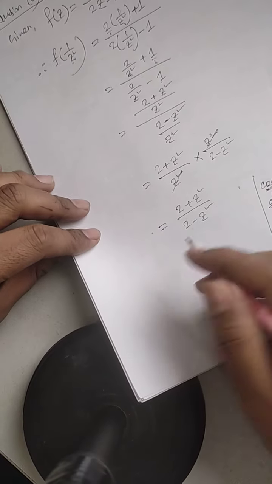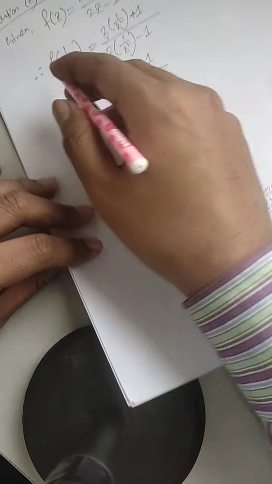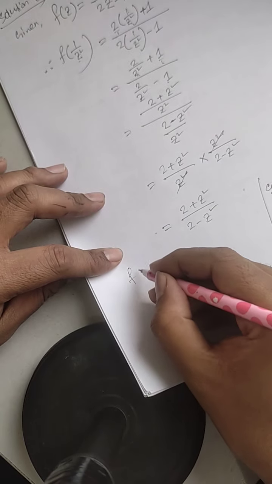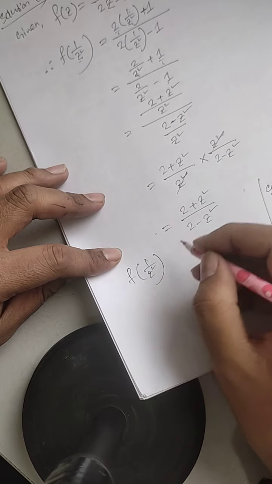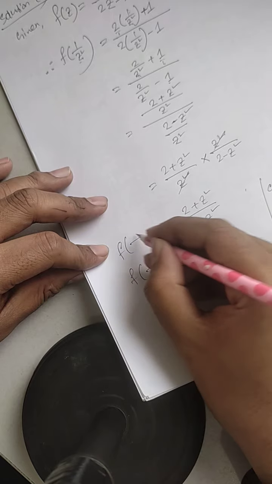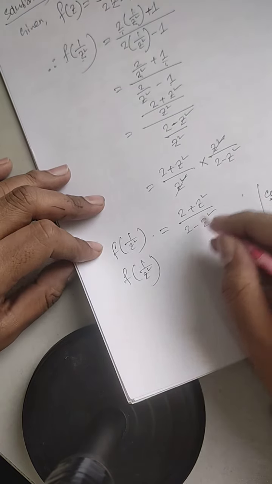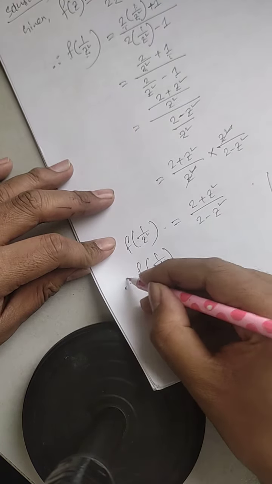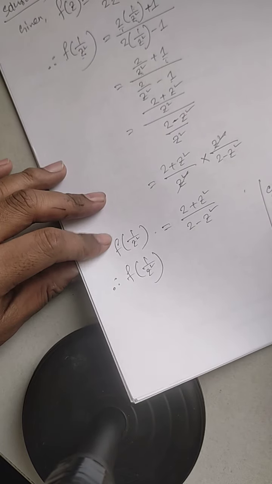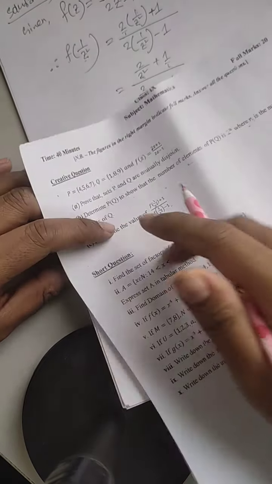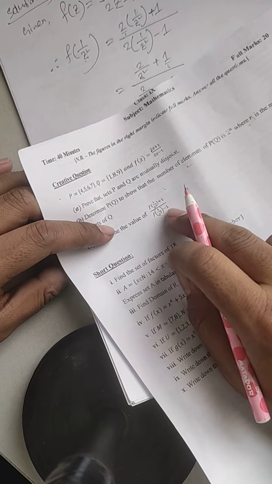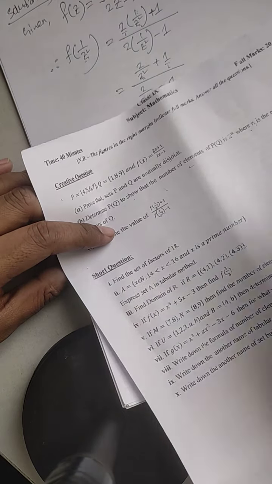Now we are applying this method here. f(1/z²) is equal to (2 + z²)/(2 − z²). Therefore now we have to find the value of (f(1/z²) + 1)/(f(1/z²) − 1).